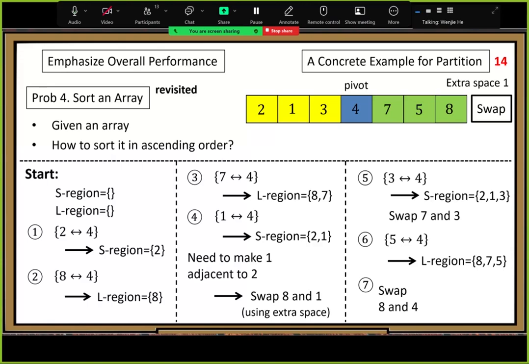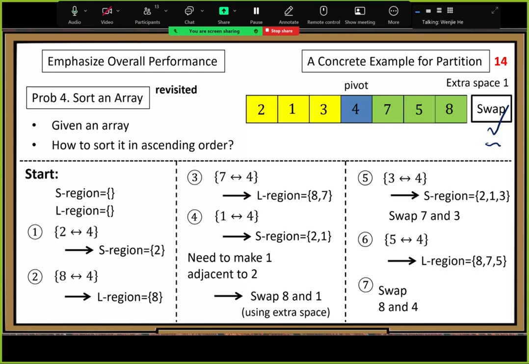Here, we use the minimum extra space, right? The extra space is used for the swap operation. It's minimum, and we do not need to use auxiliary arrays. So we eliminate 2 auxiliary arrays and save a lot of memory space. This is just one partition step.